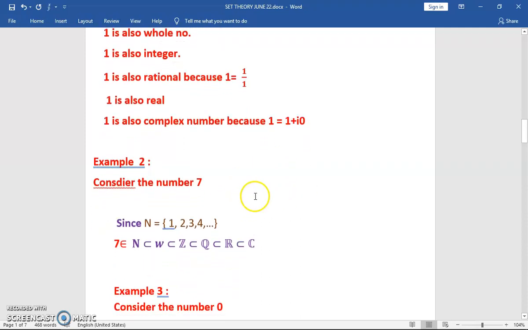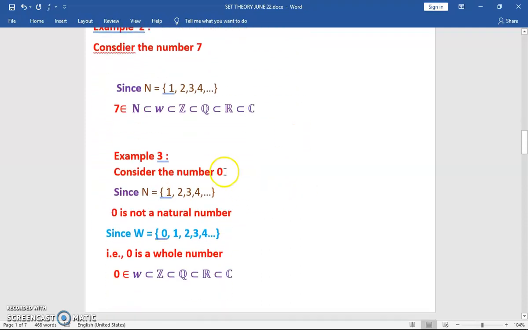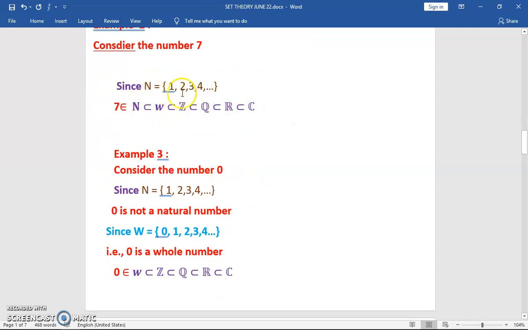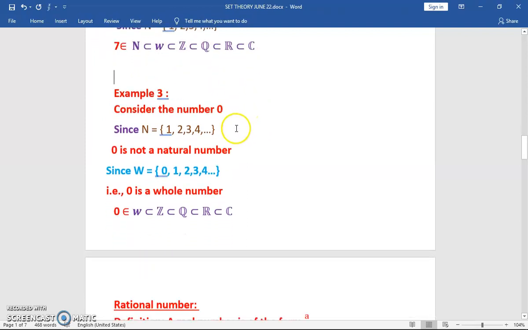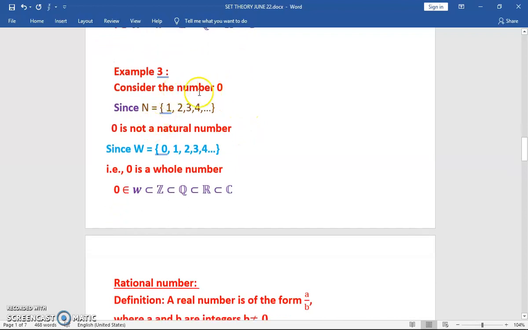Now let's take another number, 7. 7 is in the natural number set. So 7 belongs to N, and we have this chain. So 7 is natural, whole, integer, rational, real, also complex. Let's take 0. Consider this number 0.